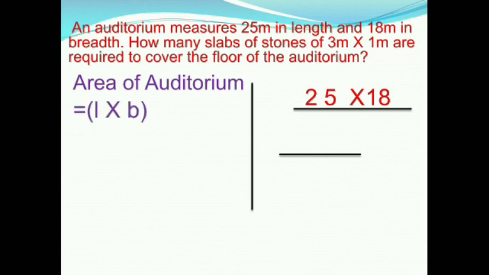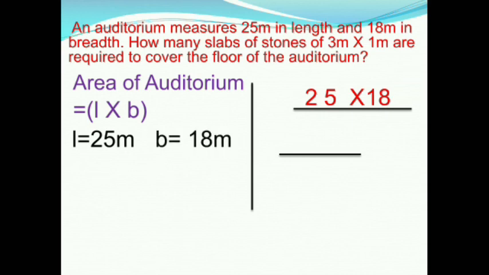Which formula can we use to find out the area of the auditorium? Yes, L into B. L means length. What is the length of this auditorium? Yes, L equals 25 meter. B means breadth. What is the breadth of this auditorium?